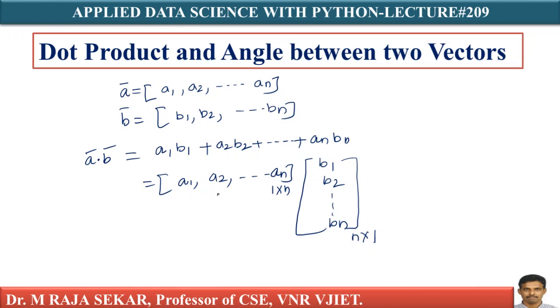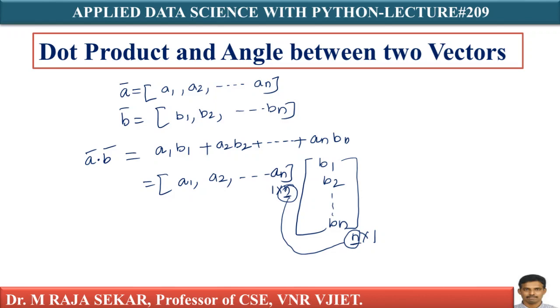What is the rule for multiplying two matrices? The number of columns in the first matrix must be equal to the number of rows in the second matrix. I can treat a vector as one type of matrix as well. Just see, this n is matching with this n. So certainly I can multiply these two vectors, as the number of columns in the first matrix matches the number of rows in the second matrix.